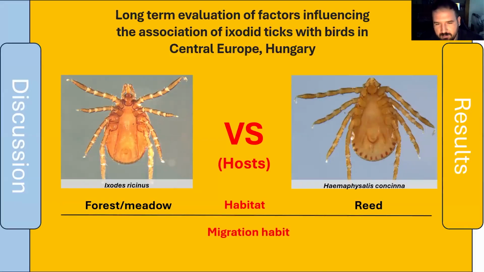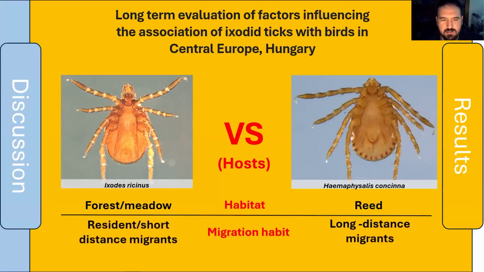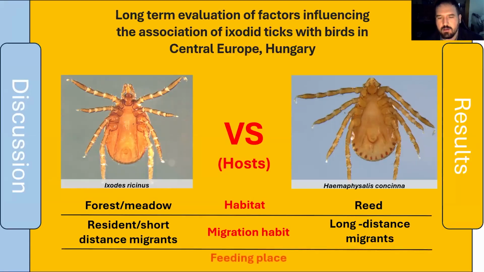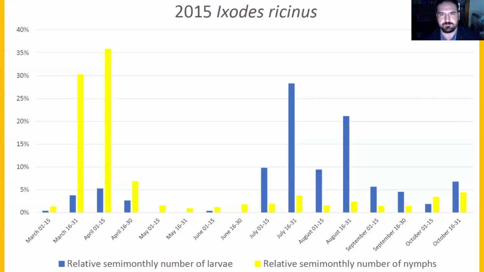The migration habit was also examined. Ixodes ricinus was by far the most common on resident and short-distance migrant birds, so the local birds. On the other hand, Haemaphysalis concinna was much more prevalent on long-distance migrants. The feeding place of the hosts was also analyzed, and Ixodes ricinus was found to be more common on ground-feeding birds, while Haemaphysalis concinna was more common on above-ground-feeding birds.